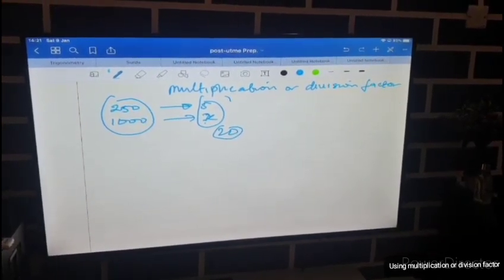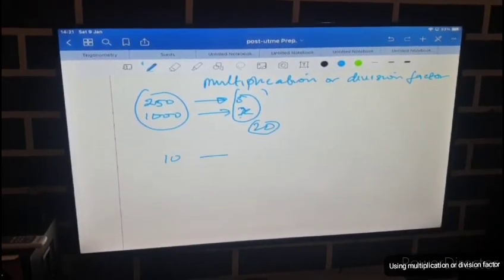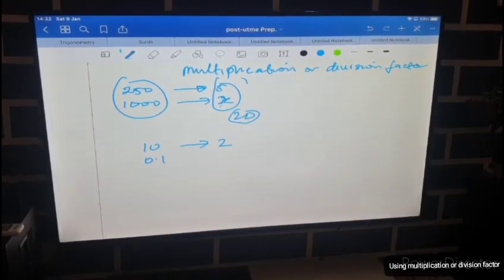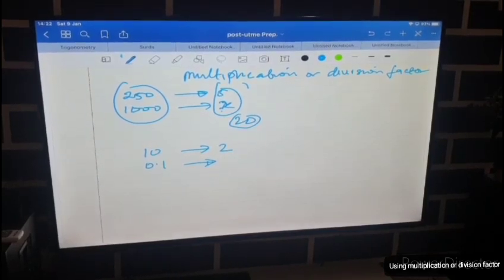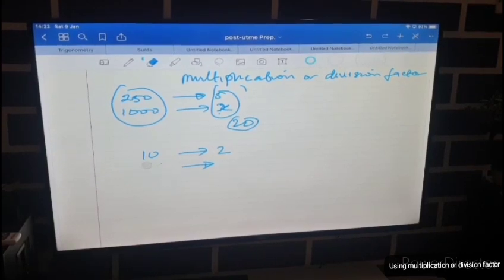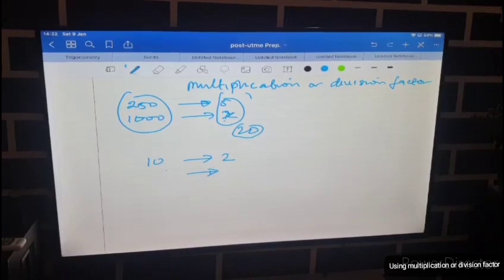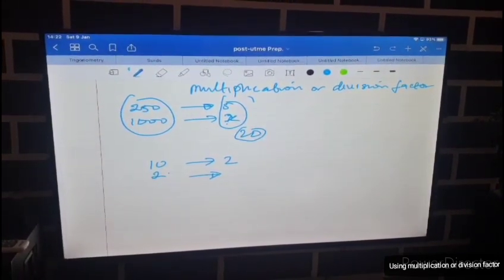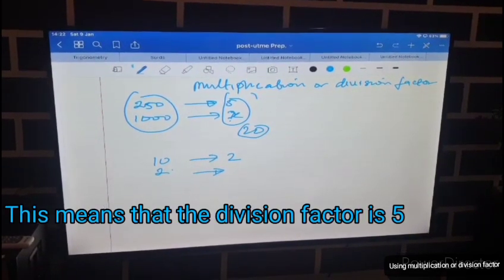So division factor also holds that if, for instance, they have that 10 gave you 2, what will 0.1 give you? This time around, if you divide, check the division factor here. When you divide 10 by 2, it will automatically give you 5.